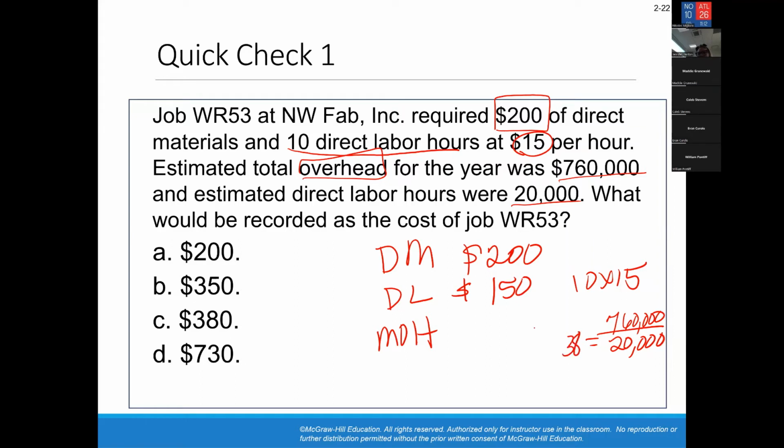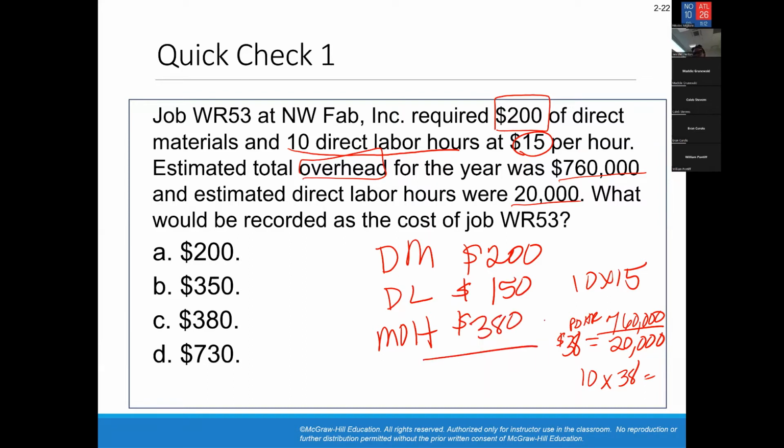So now, because we're basing it on labor hours, I need to use those labor hours again, 10 times, instead of 15, that's my wage, I'm using my predetermined overhead rate, which is 38. Okay, so that's going to give me 380.